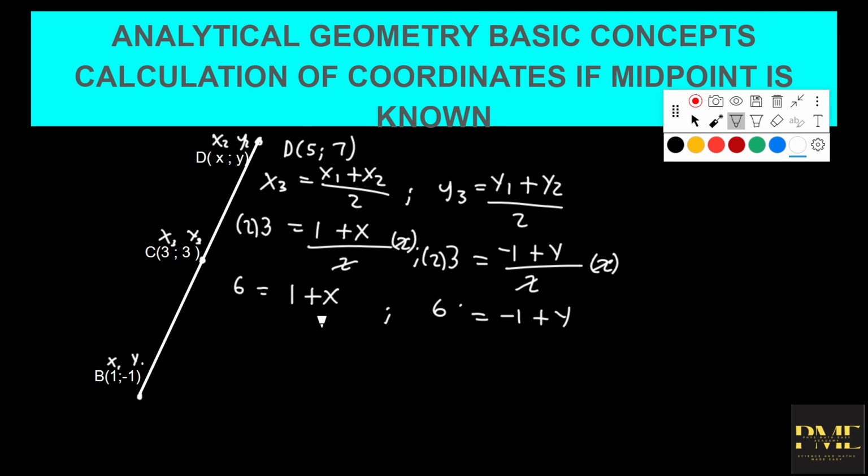Then to solve for x, because 1 and x are separated by a sign, we transpose the 1 to the other side. So 6 minus 1 equals x, and here we do the same thing, so 6 minus 1 equals y. So our x will be equal to 5, and our y will be equal to 5.